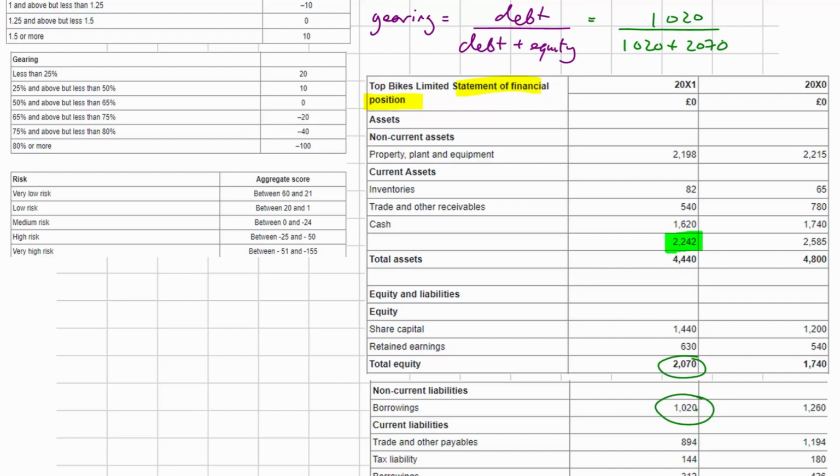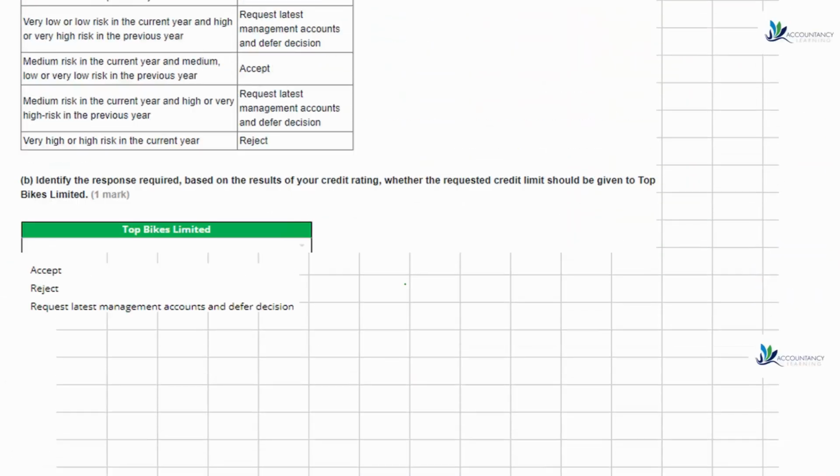Remember, on the denominator, debt plus equity, that's all the various sources of funding for the business. So we're funded from bank loans and also funded by the owners. They've put in their equity, and we're trying to work out what proportion of this is debt. If this is a very big number, we'd be quite worried by that. In this case, we have a gearing position of 33.01%. So let's put that into our answer.